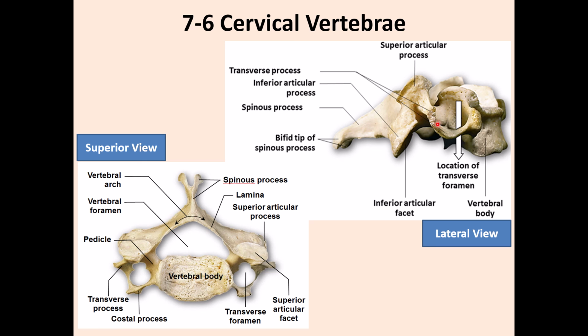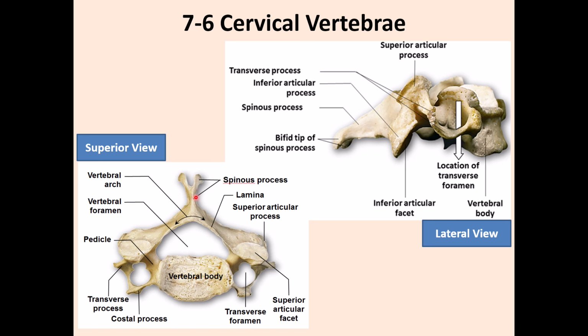It's a transverse process here, and the costal process, which you may not see in all cervical vertebrae. And in between you have this opening that is called the transverse foramen. This is the transverse foramen, and the content of the transverse foramen is the vertebral artery.